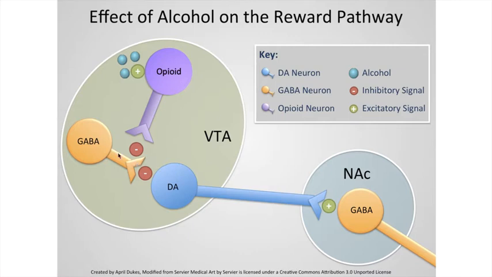However, in addition to directly inhibiting these GABA neurons, you're also getting inhibition being driven through the opioid neurons, which I believe is much more prevalent in alcohol and barbiturates than it is in benzodiazepines. This is partly because alcohol and benzodiazepines have differential effects on different groups of GABA receptors.